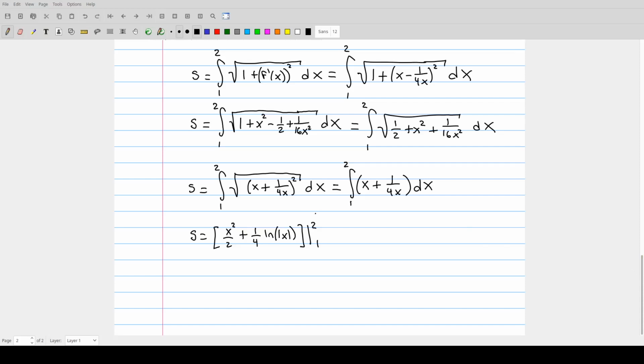And when you plug in 2 and you plug in 1 and you subtract the two values, this simplifies finally to 3/2 plus 1/4 natural log of 2, which is the exact value of the arc length of that segment that we talked about.